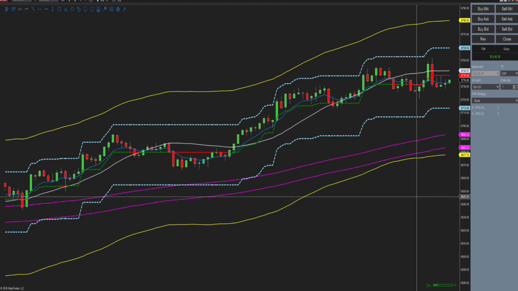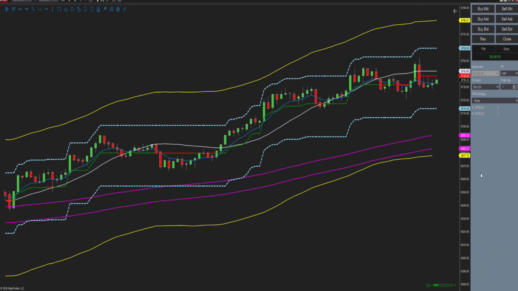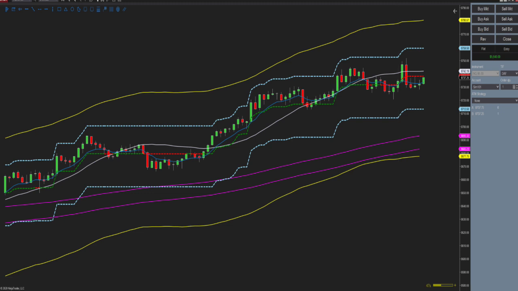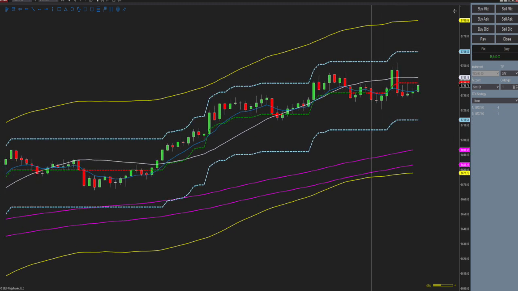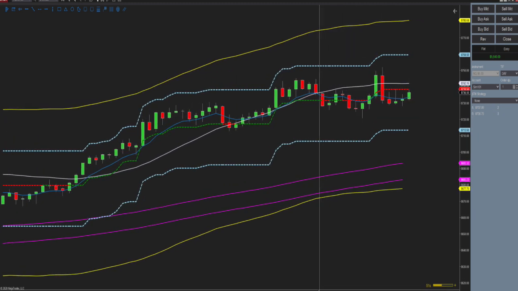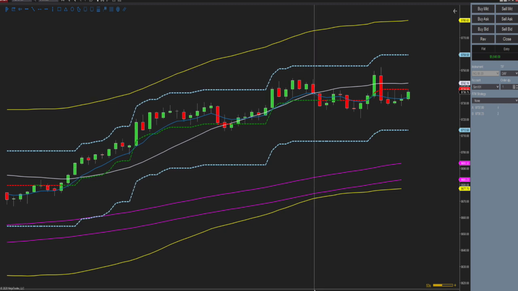Okay, we are still in the uptrend, but there's a weakness in the market, and it's trying to reach that middle bar, middle line. We just reached there, I think, in a tick.